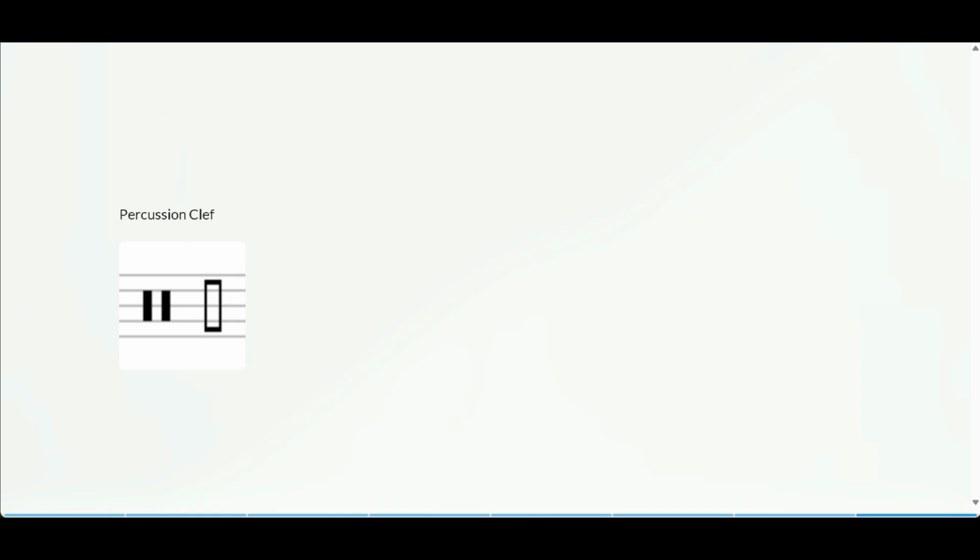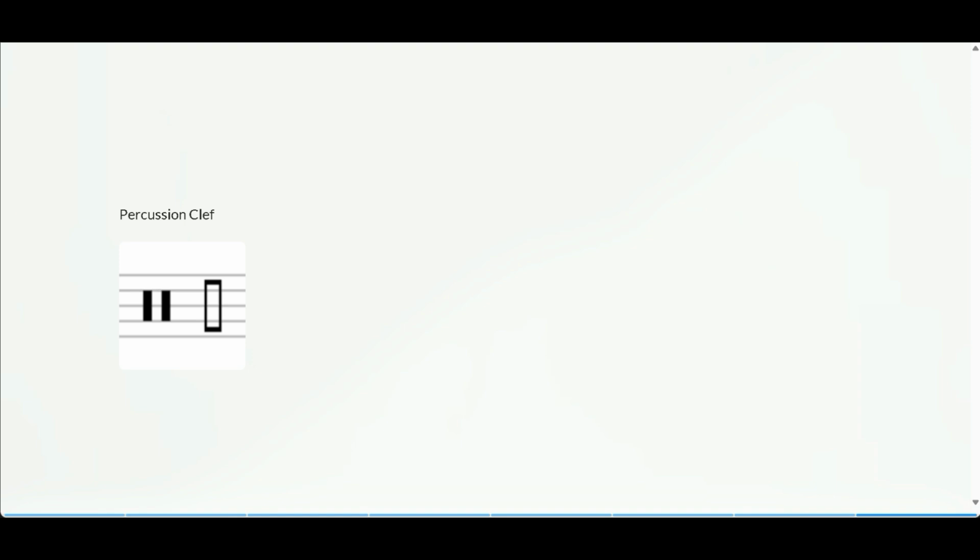And then the percussion clef. The percussion clef is used for drums. This one or this symbol, both of them are correct actually. You can use either of them. And this is for the drums.